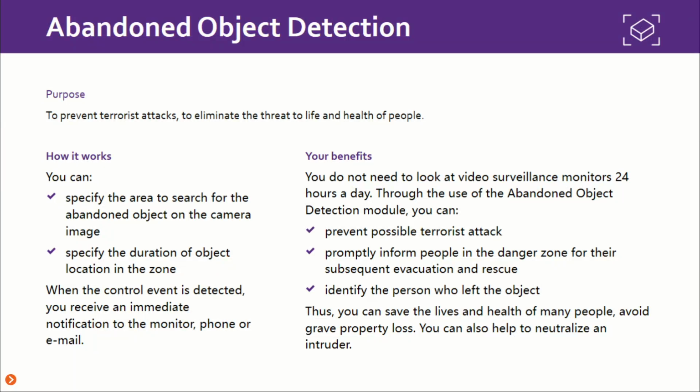Then you can take prompt action to investigate what is in that left object, or notify the authorities to defuse the situation if there is any bomb or anything that could explode. With this module, you can set the time duration and you will be notified on the basis of that time.